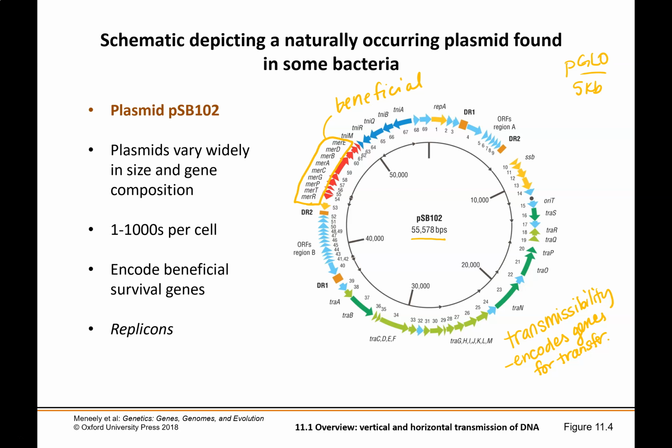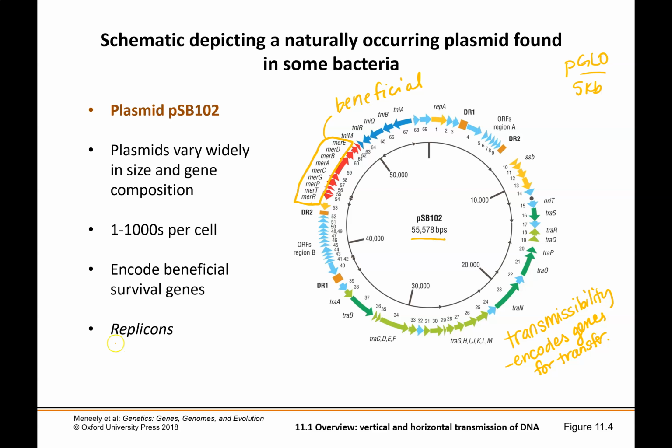So this example gives an environmental advantage. We talked about antibiotic resistance. Sometimes these plasmids can encode an ability to use a particular nutrient. But as I said, they're going to be maintained as long as they are beneficial.